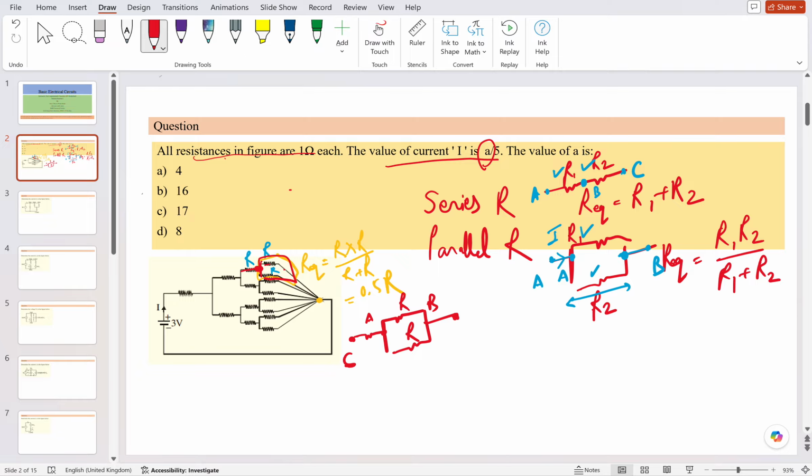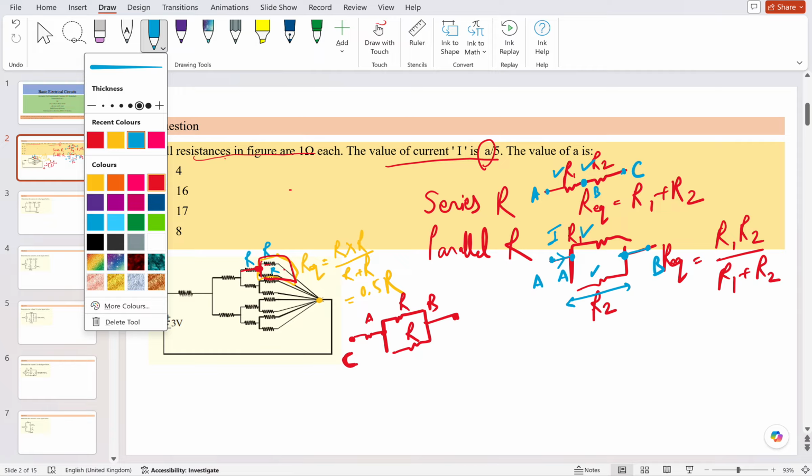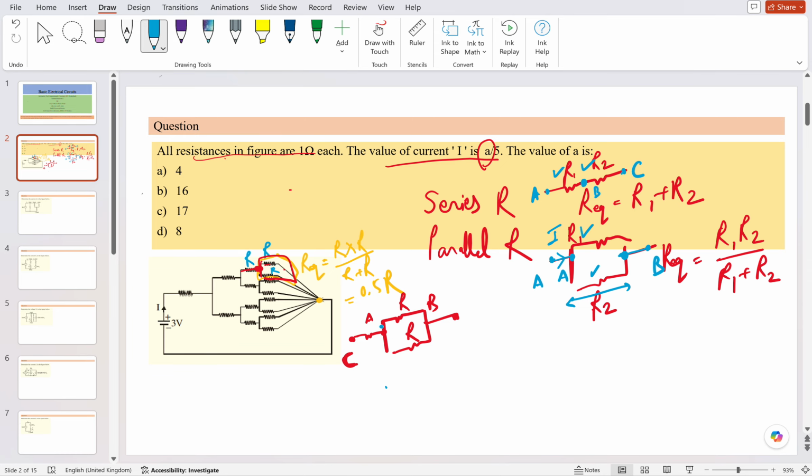But at this C node, they are not connected with a double point, they are connected with a single node here. So the R equivalent we found, 0.5 R, is connected with a series resistor R. Overall it becomes 1.5 times R, so this whole becomes 1.5 R.